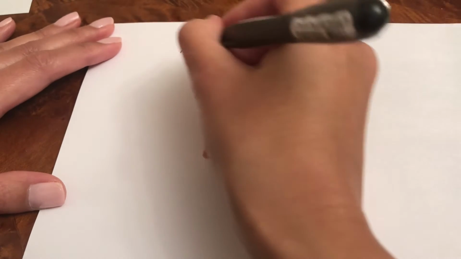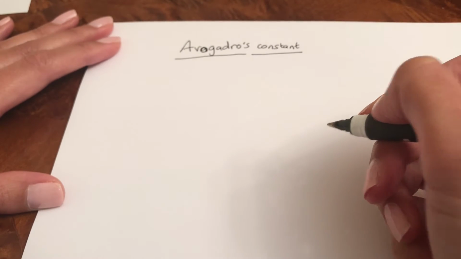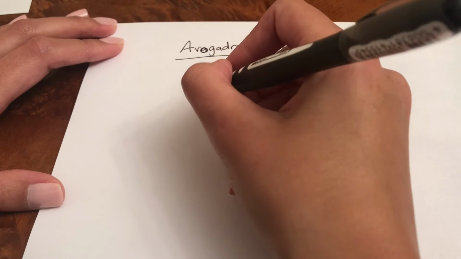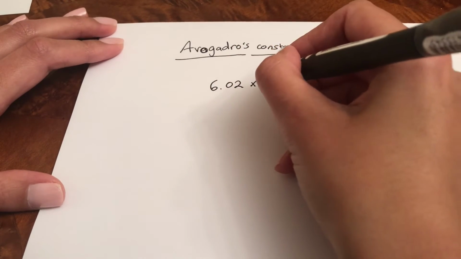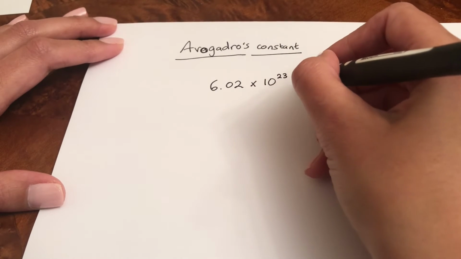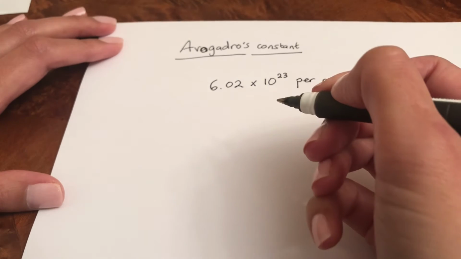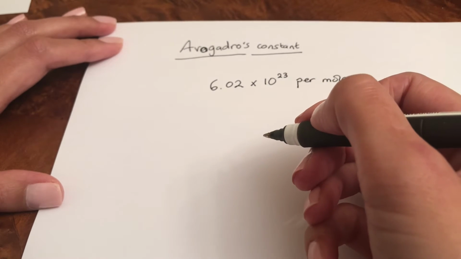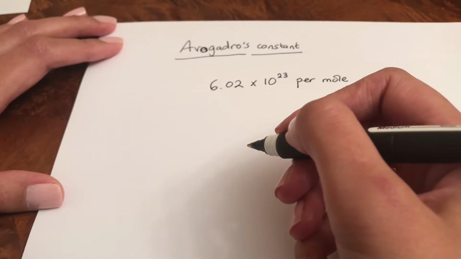So essentially, we need to remember this value. Avogadro's constant is 6.02 times 10 to the 23 per mole. What Avogadro is telling us here is that this is the number of particles inside each mole.